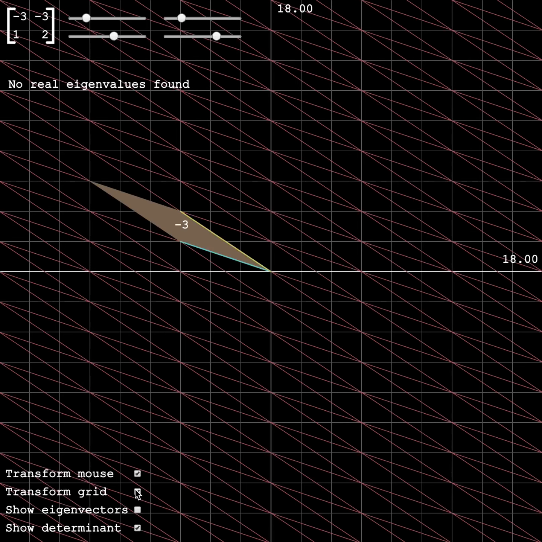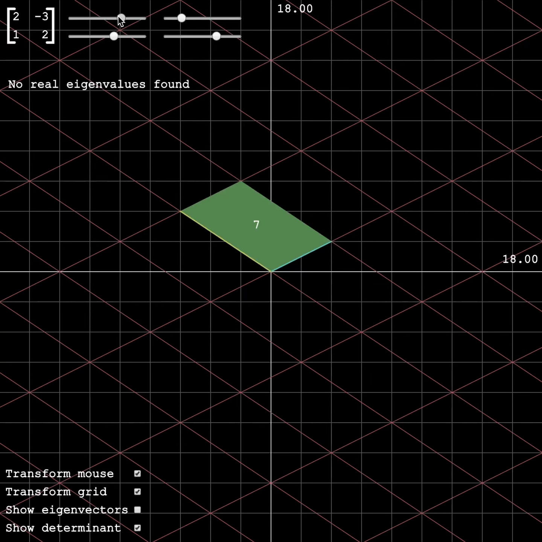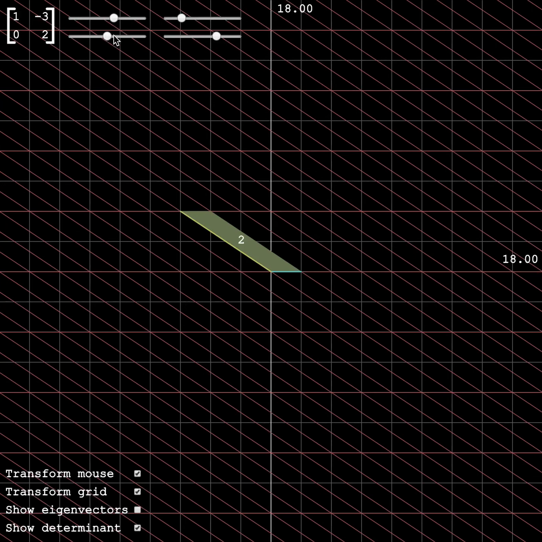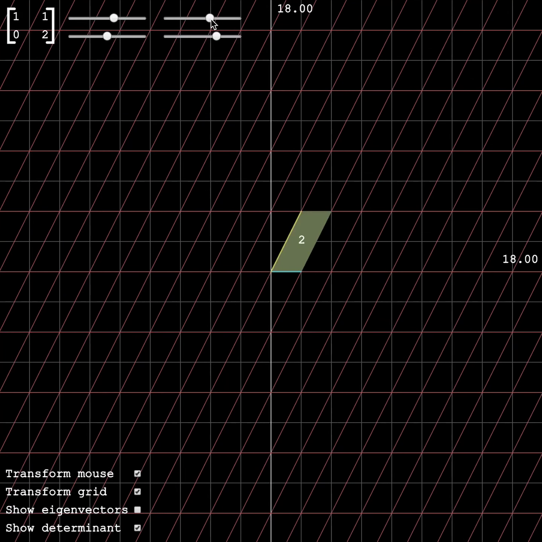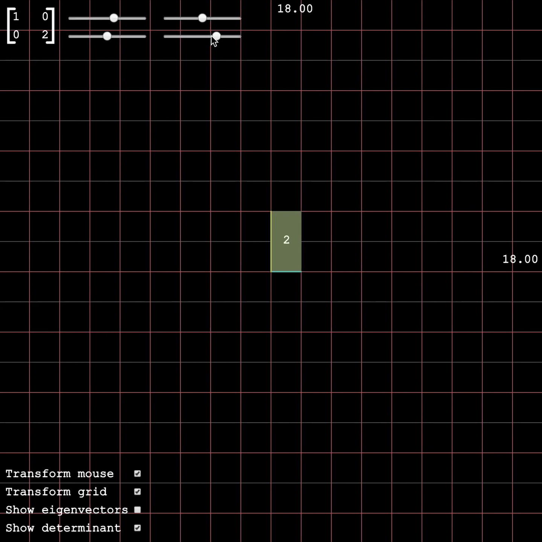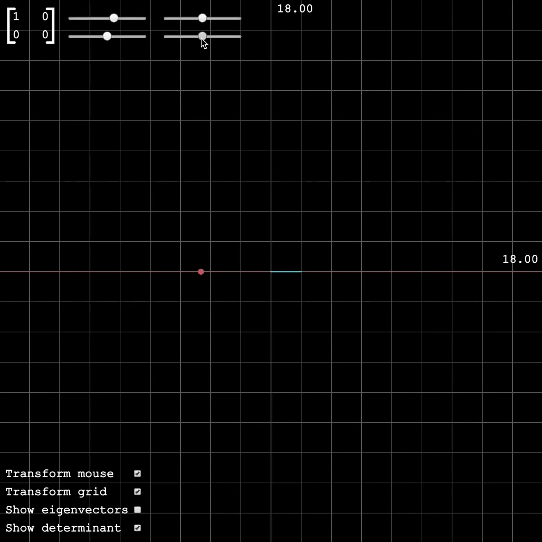Additionally, we can map the entire grid back onto things. If we go back to our identity matrix, it's a little trippy, if I can find it, yeah, you can get a better sense of really what's happening to the whole of space when these kind of transformations take place.